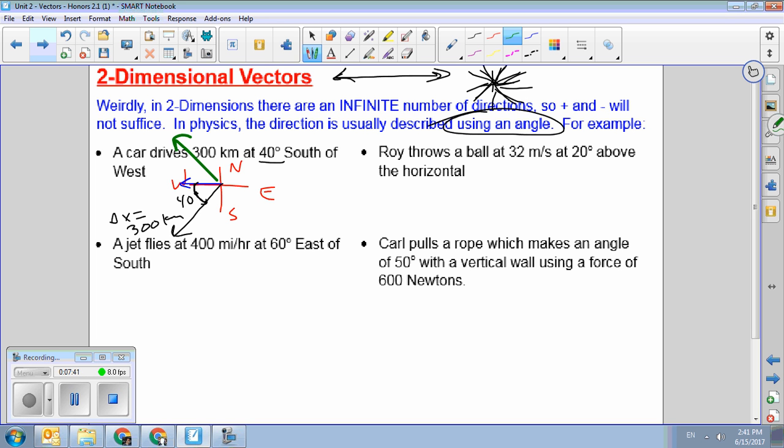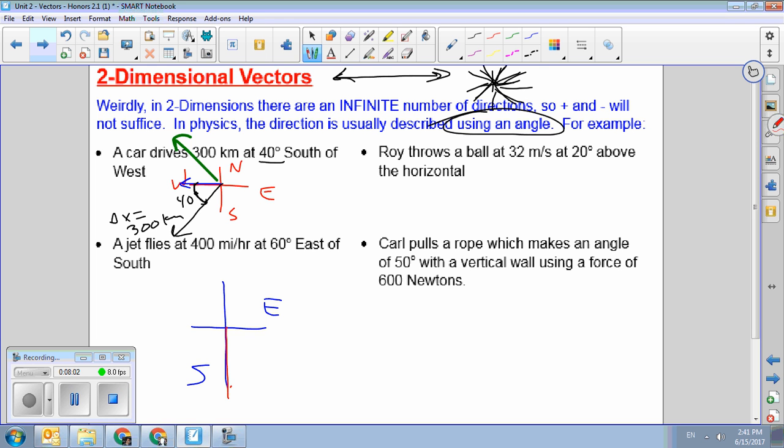Okay? All right, in the example below it, we've got a jet that's flying 400 miles an hour at 60 degrees east of south. So this time it's a velocity vector, but we can still describe the direction similarly. So here's east, here's south. We want to go 60 degrees east of south.